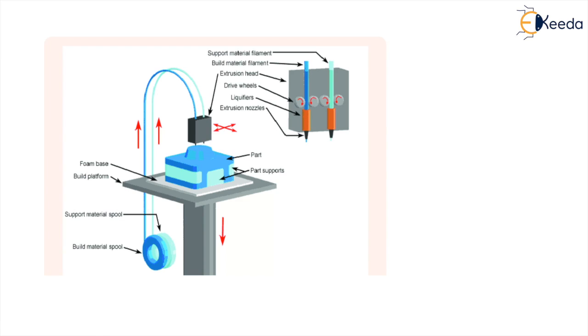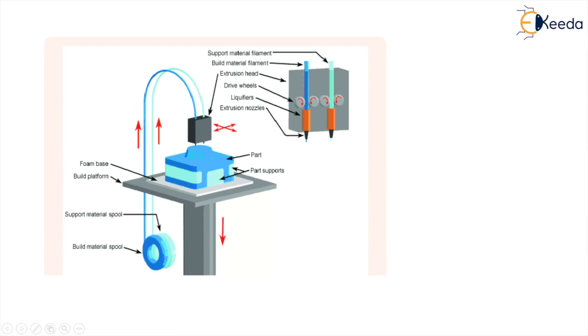In this extrusion head we have one support material filament and one build material filament, then we have the drive wheels to feed these filaments, and these are the extrusion nozzles.